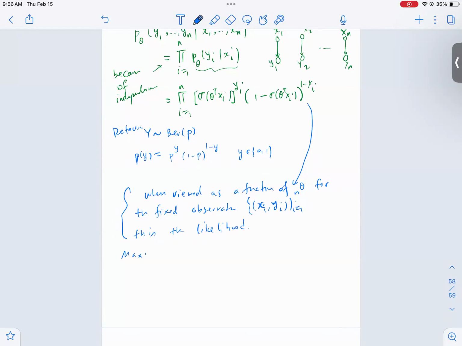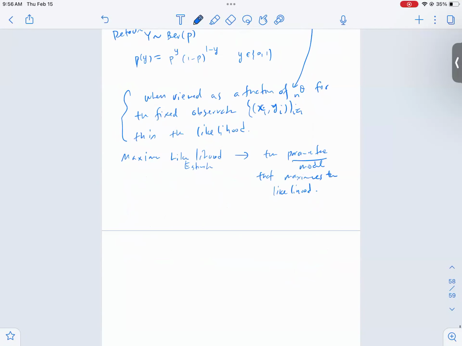So the maximum likelihood estimator is the parameter or model that maximizes the likelihood, which is that function of theta.